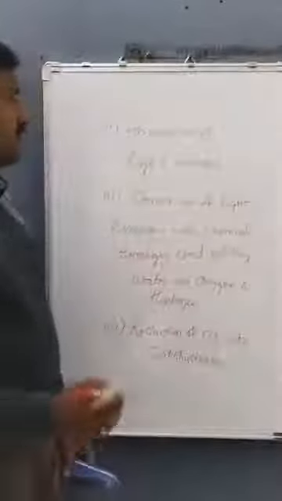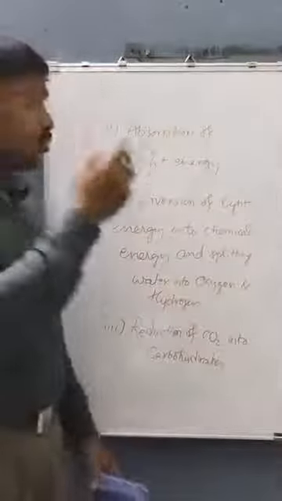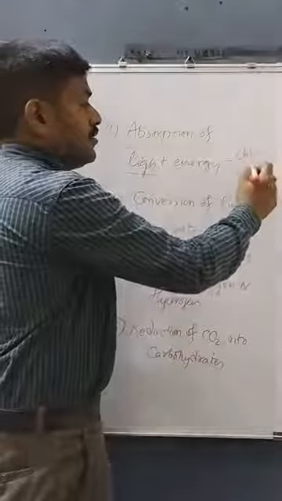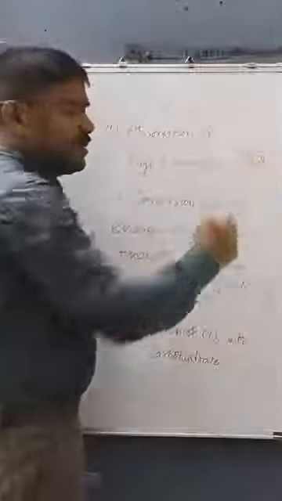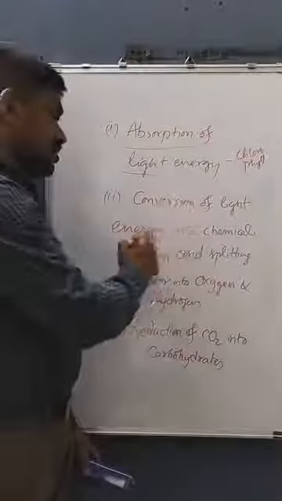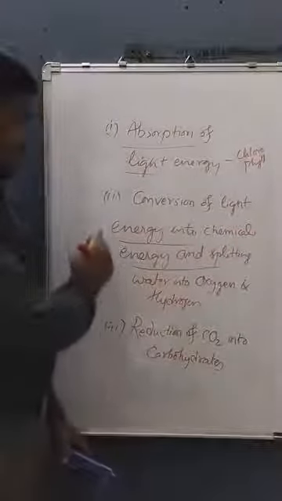Let us understand one by one. Absorption of light energy: light energy is absorbed by chlorophyll. It captures the light energy, and this light energy is converted into chemical energy. What is that chemical energy?